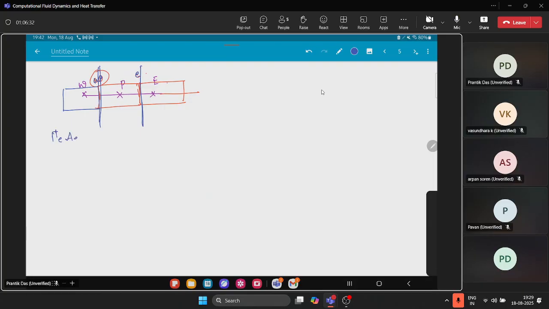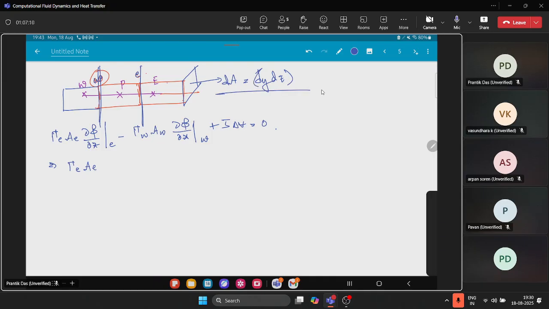As I've written earlier, d/dx of gamma A dphi/dx at e minus gamma_w A_w dphi/dx at w plus the source term S bar delta V equals 0. Now it becomes gamma_e A_e, where A is dy into dz, the differential area.